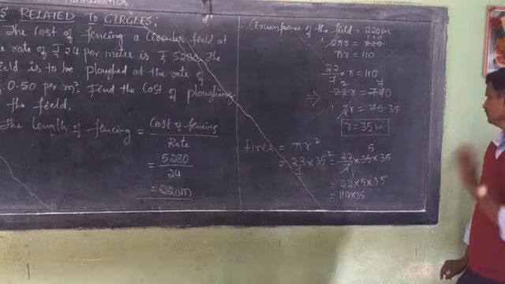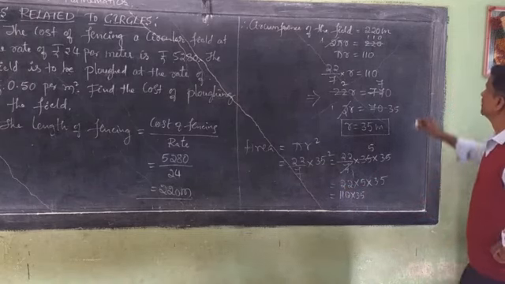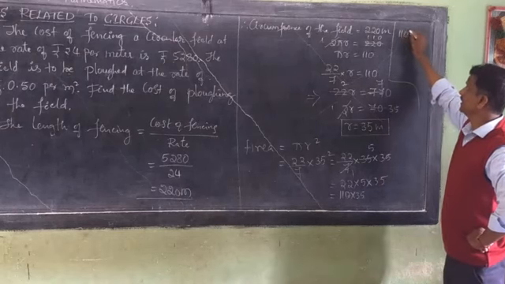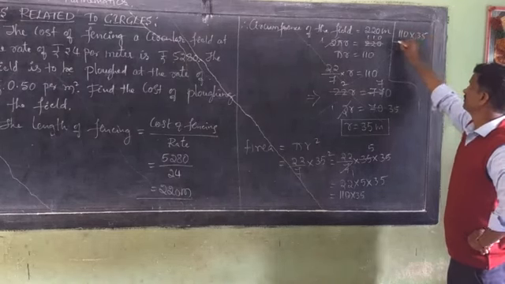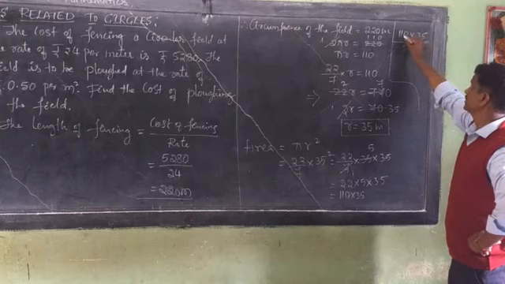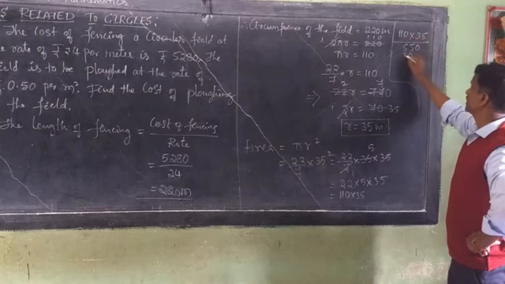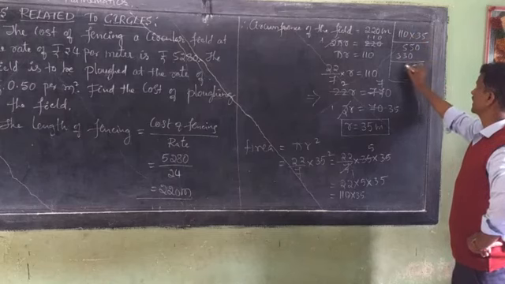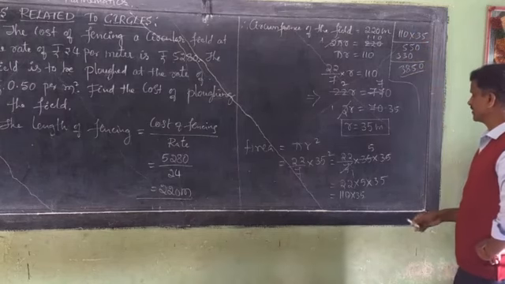Now 110 into 35 we have to multiply. 5 zeros are 0, 5 ones are 5, 3 zeros are 0, 3 ones are 3. That gives 3850.